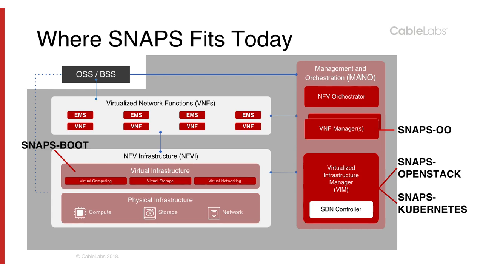The SNAPS boot project, which is operating system provisioning, fits in with the NFVI, specifically compute, virtual compute. SNAPS-OpenStack and SNAPS-Kubernetes fit in the virtualized infrastructure manager category, and SNAPS-OO can be considered an API layer on top of OpenStack, and in that sense, a VNF manager.